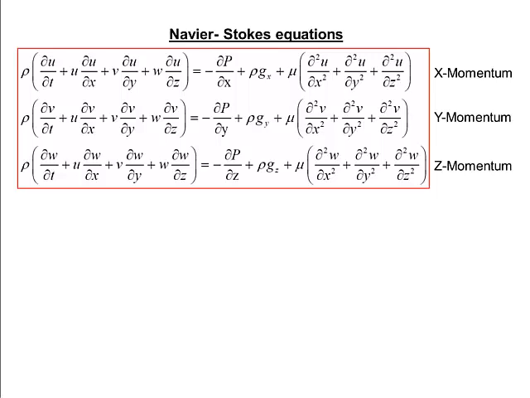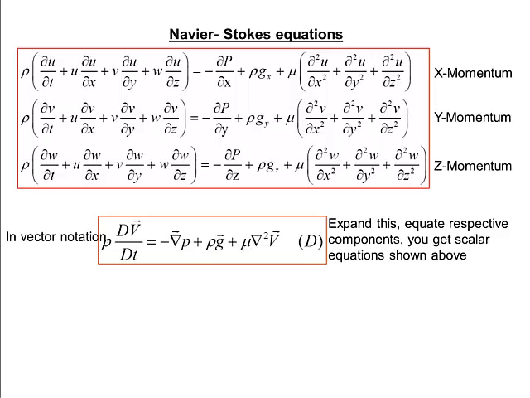These partial differential equations can be summarized as a single vector notation as equation D. Note that equation D has the same format as Newton's second law, with mass and acceleration term on one side, and the force terms on the other.